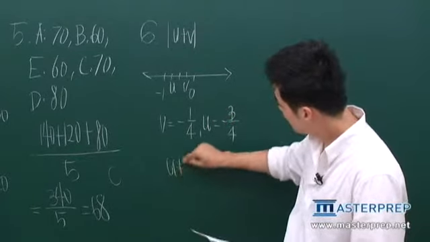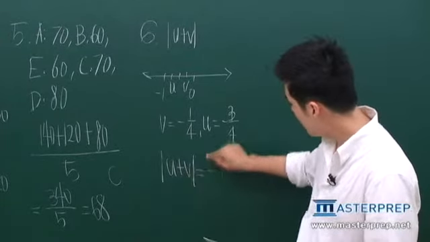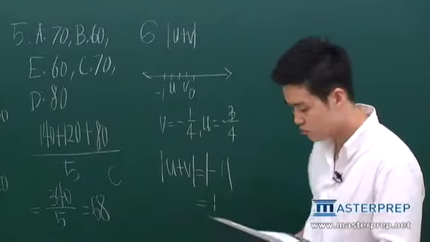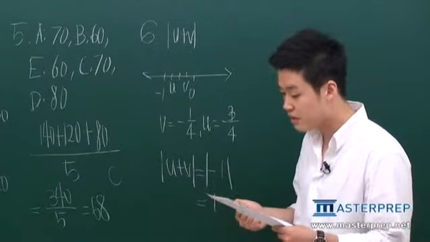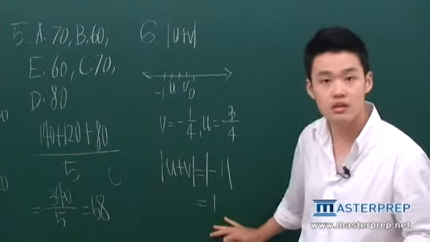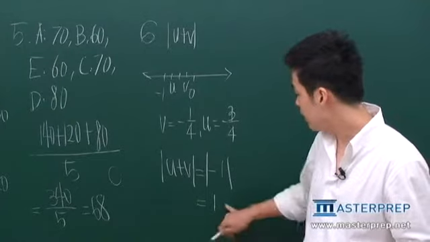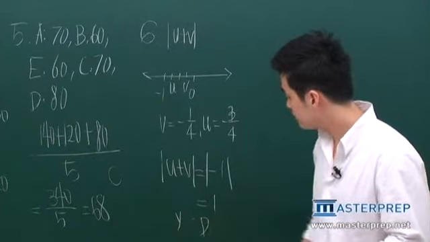So u plus v is equal to -1, but we are taking the absolute value, so it must be equal to 1. And the closest value that they have is y, because y is the closest point to 1. So y is the answer, which is D.